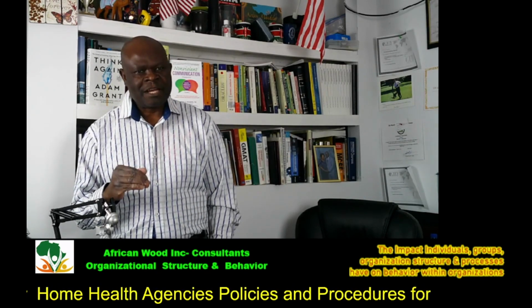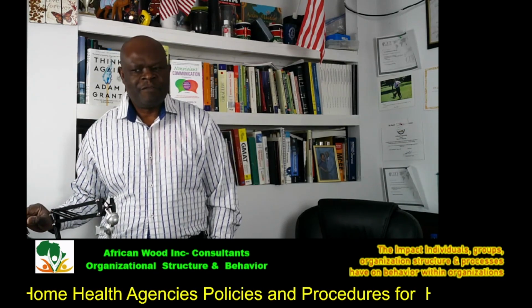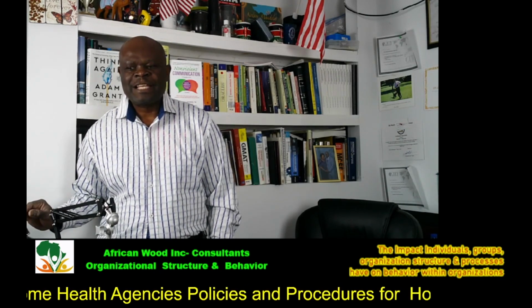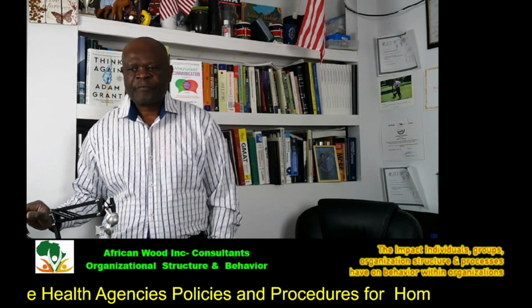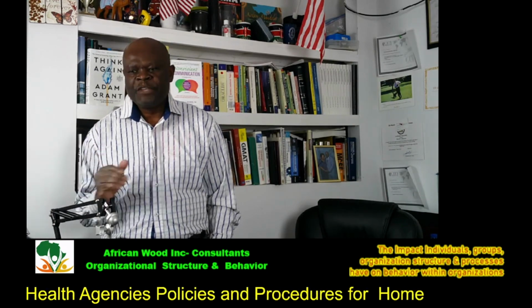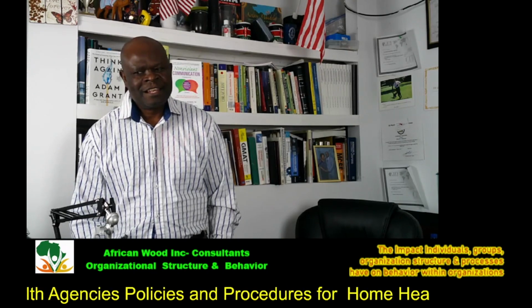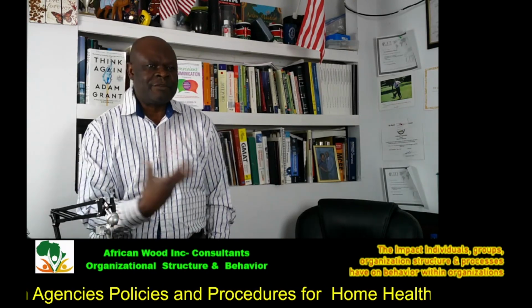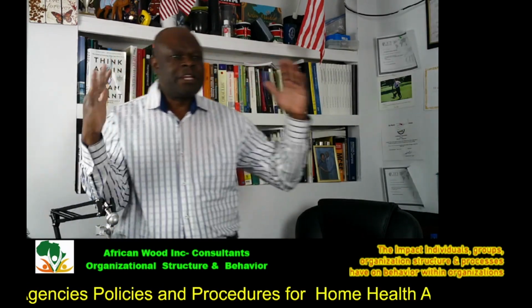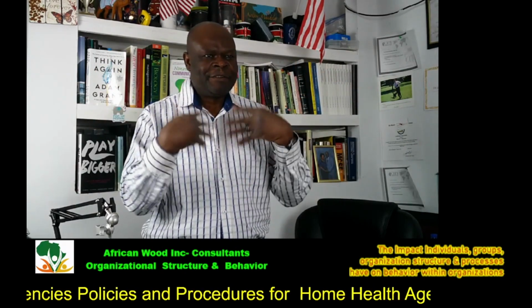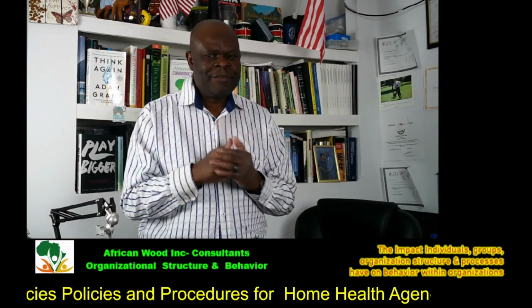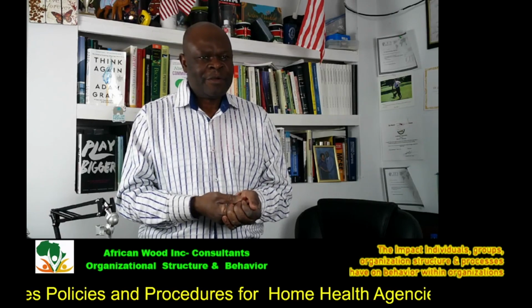After you've set that out, then you have to define, you have to state clearly the mission statement, the vision, and the values. So you create a structure, you define it, and then you say what you stand for.